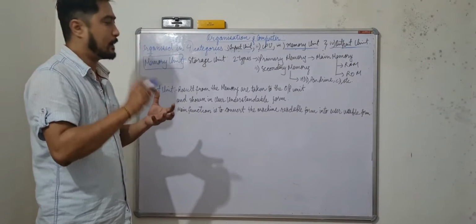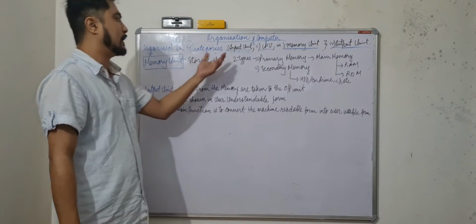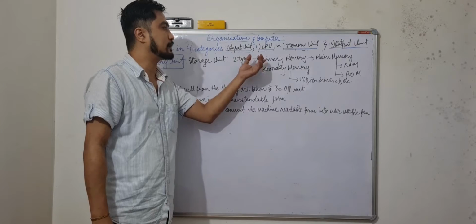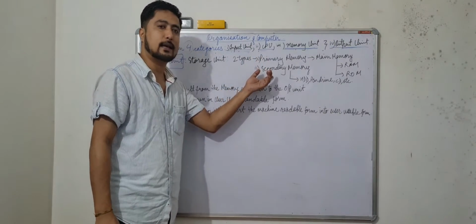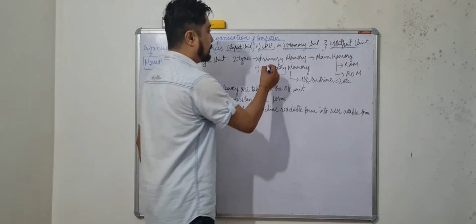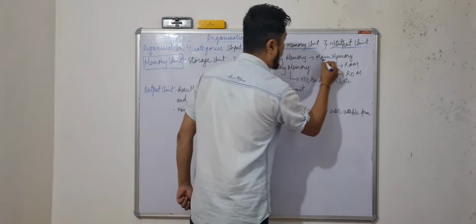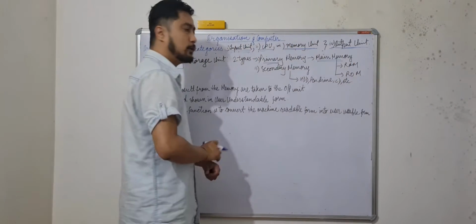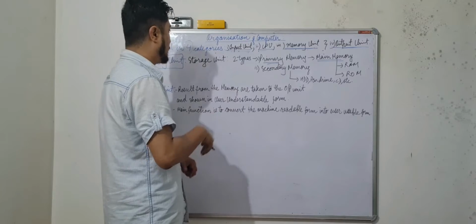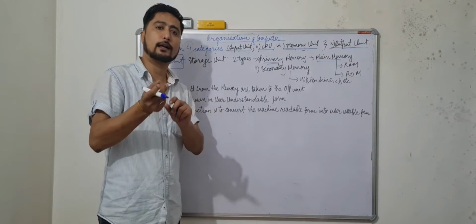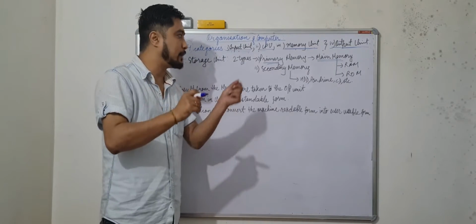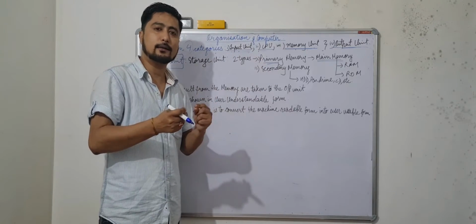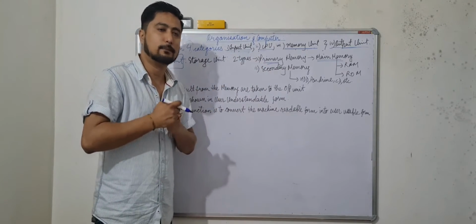Mainly it is of two types: primary memory and secondary memory. Primary memory is also known as main memory. The information or data stored in primary memory is used by the CPU for further processing.